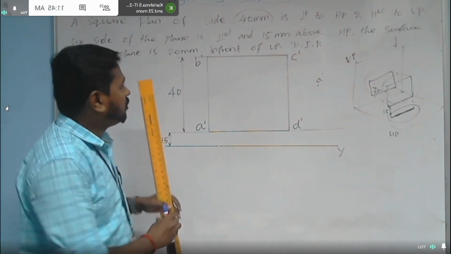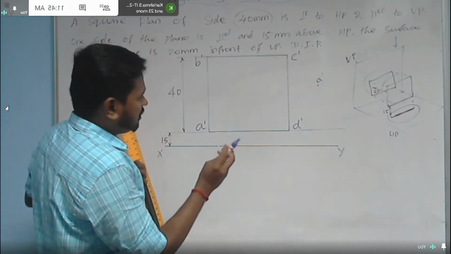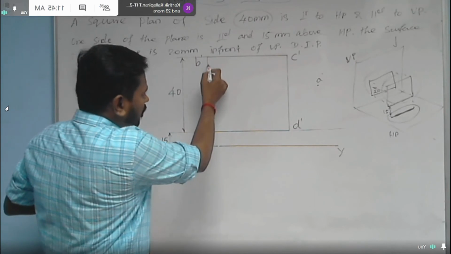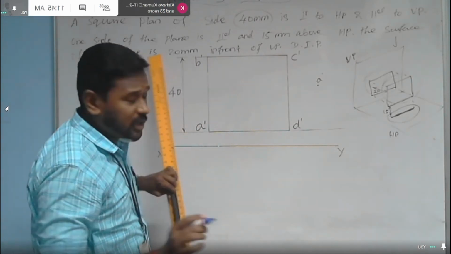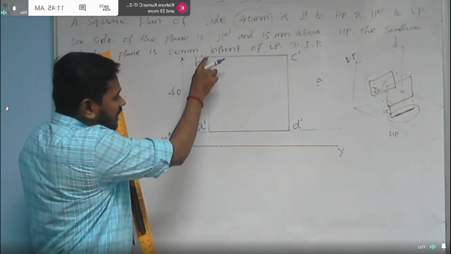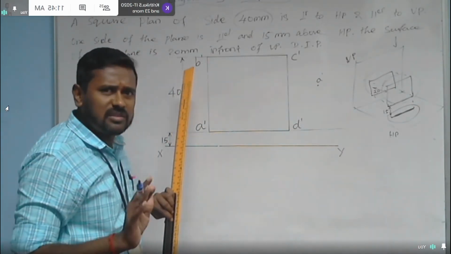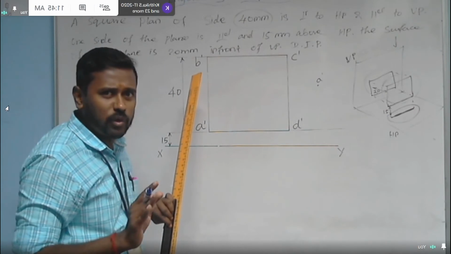So I needed to draw the projector. Here you can see, if I draw the projector for A dash and B dash, both are going to have a single projector only, because the A dash B dash line is perpendicular to XY. Generally, projectors are always perpendicular to XY.